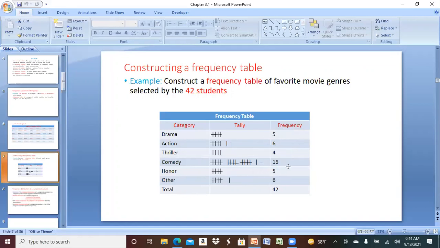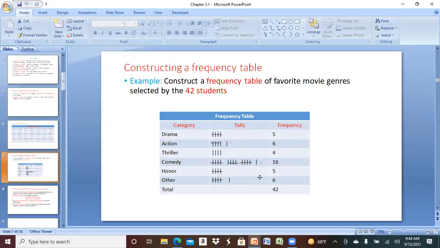And when you add the total, we have 42 students. In the 42 students, there are 5 students whose favorite is the drama movie, and 6 students whose favorite is the action movie, 4 students thriller, 16 students comedy, 5 students horror, and 6 students other.